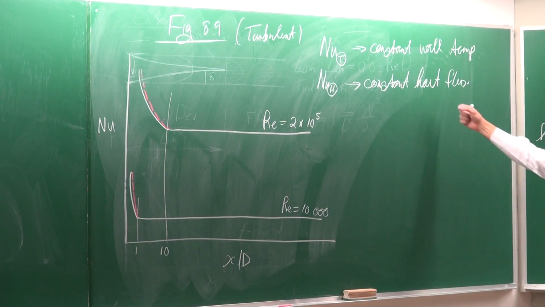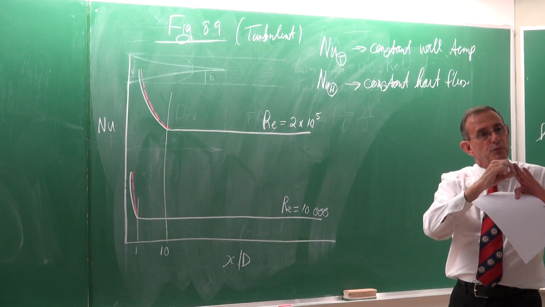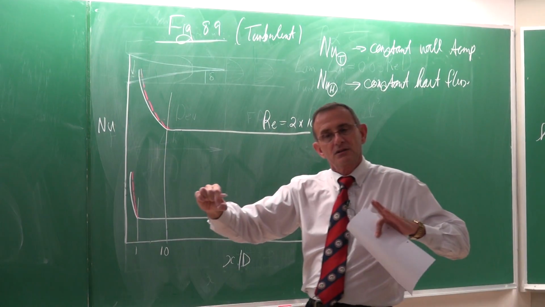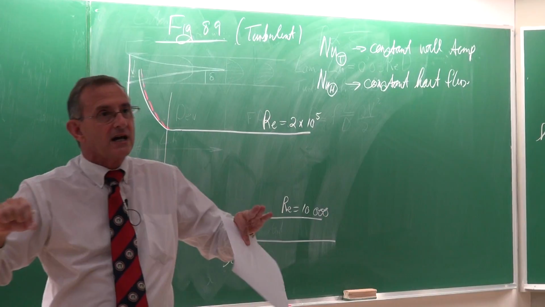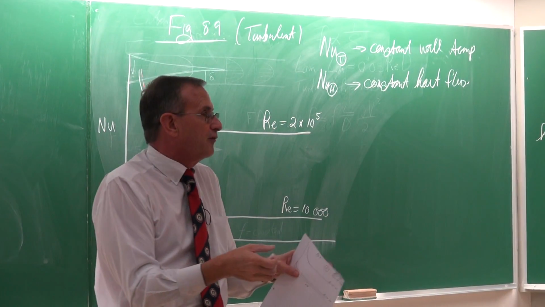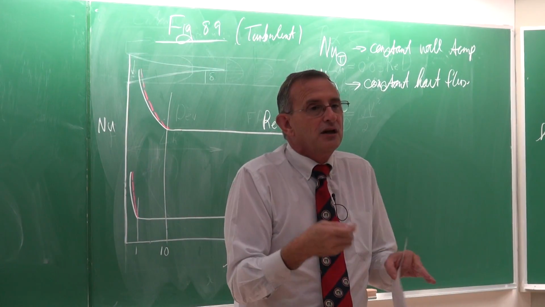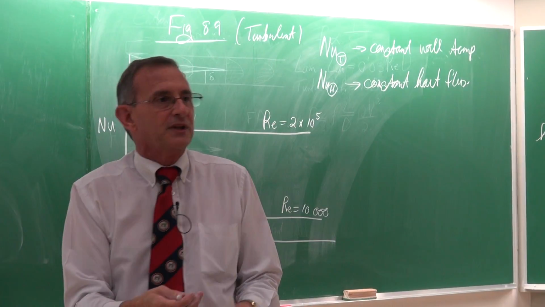The other case is a constant heat flux. That is a case where you've got a tube and you put an electrical current through it, or you've got an electrical coil around it, or there's a nuclear reaction that gives you a constant heat flux. It would therefore mean the heat flux is typically 3 kilowatts maybe per square meter or something like that.